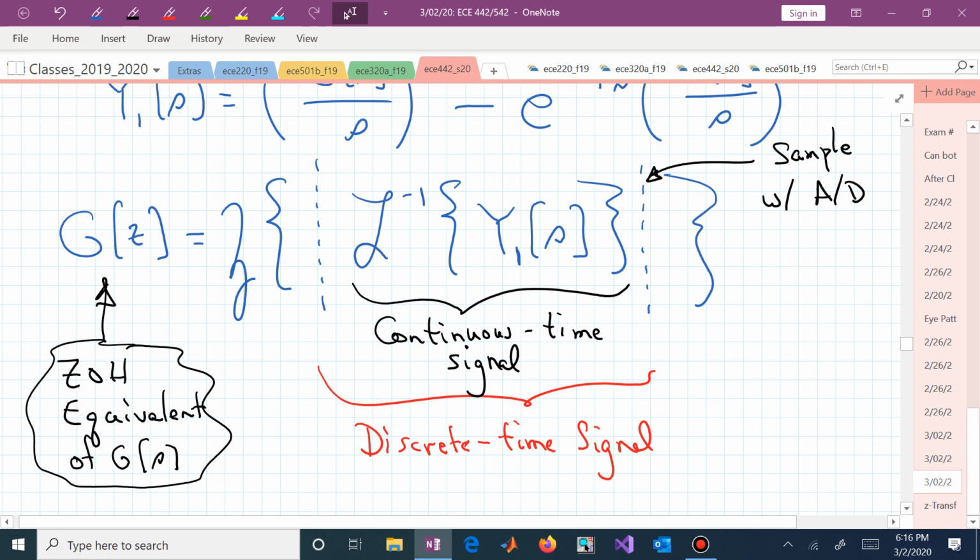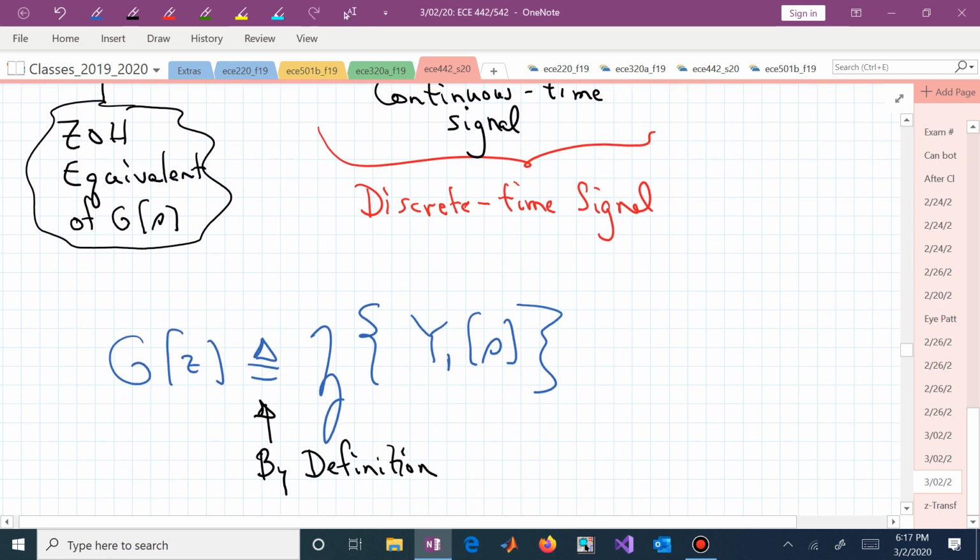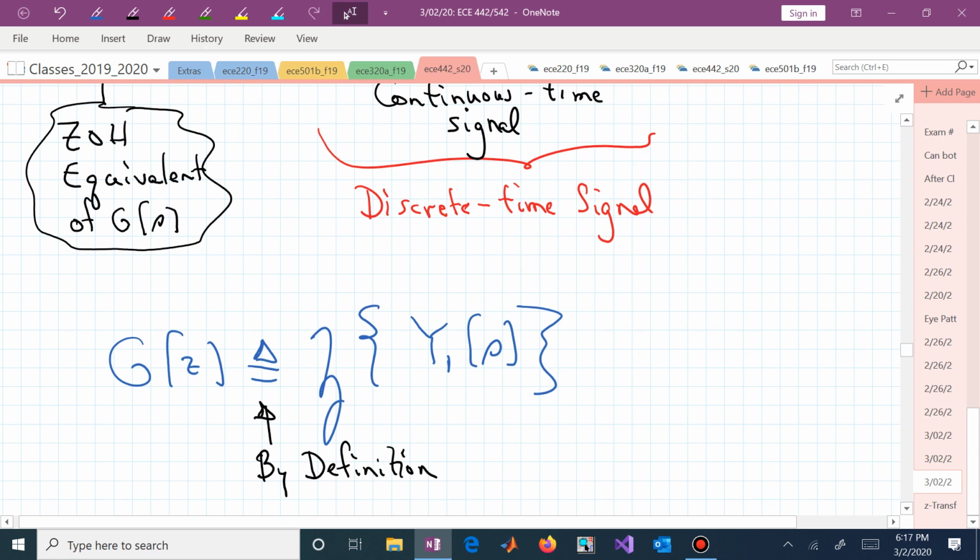So by definition, I'm going to overlook all of those symbols, and just say script Z of curly brackets Y sub 1 of S. That's my G of Z. That's by definition.